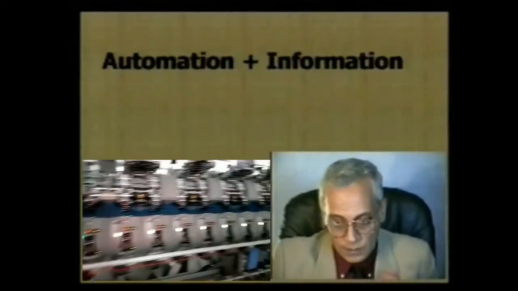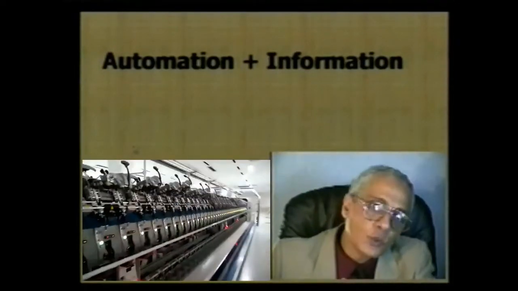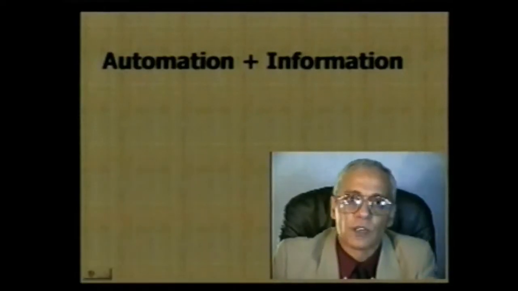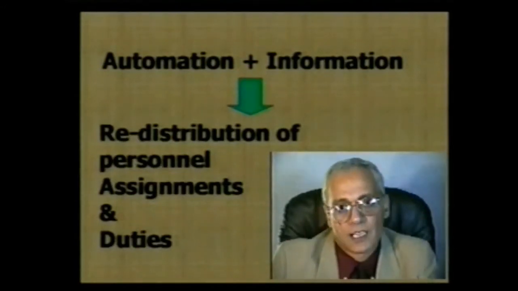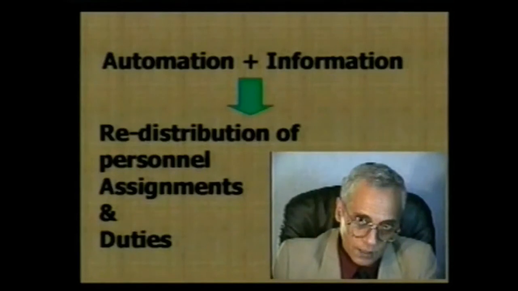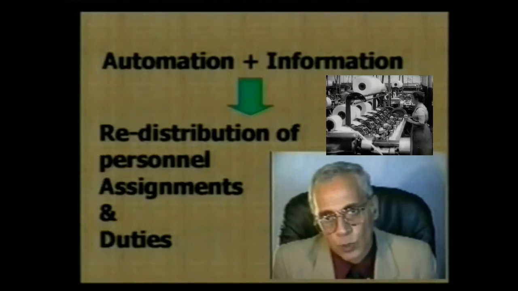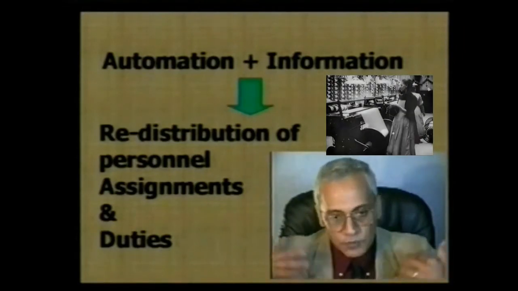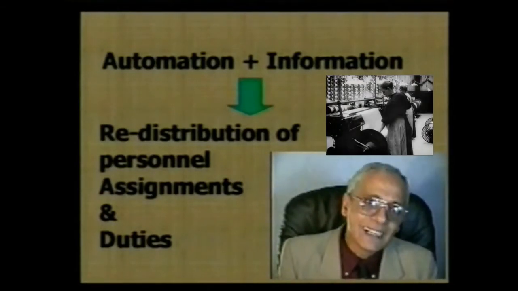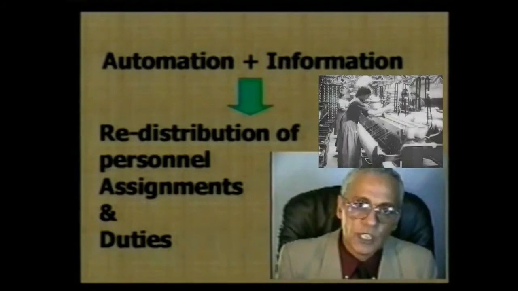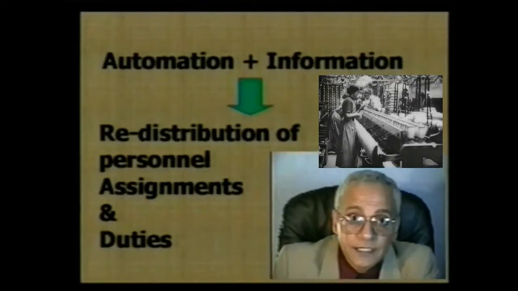But the reality is automation plus information, which are basically the two main features of the new technology, should lead to redistribution of personnel assignments and duties. This is an issue that I find to be missing in many of the textile companies that I work with. We have state-of-the-art technology, with all the automation, all the control, and all the information systems, yet we're dealing with this state-of-the-art technology using old approaches, using the traditional way of handling the operations.